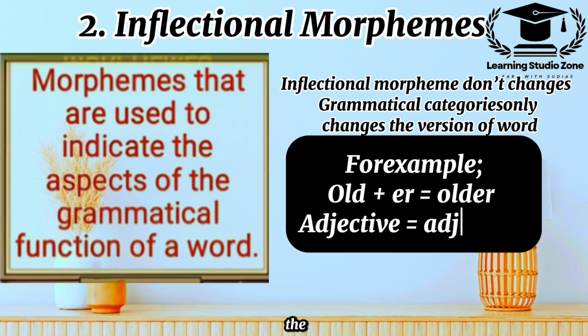If we add the inflectional morpheme er, old converts to older. Old is an adjective and older is also an adjective. So it doesn't change the grammatical category, it just changes the version of the word. So we can say that the inflectional morpheme only changes the version. It doesn't change the grammatical category of the word.